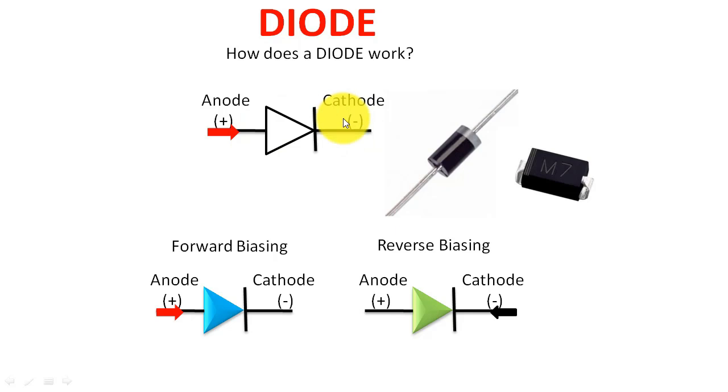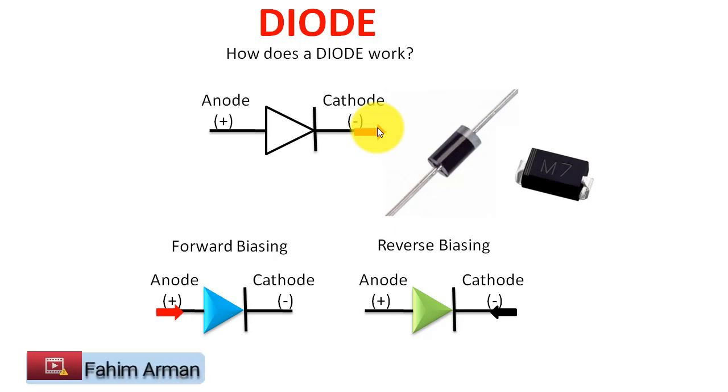So what happens when a positive voltage tries to pass? It will pass easily from anode to cathode. And we will also understand how a signal passes from cathode to anode. This is another thing. There are two things here.